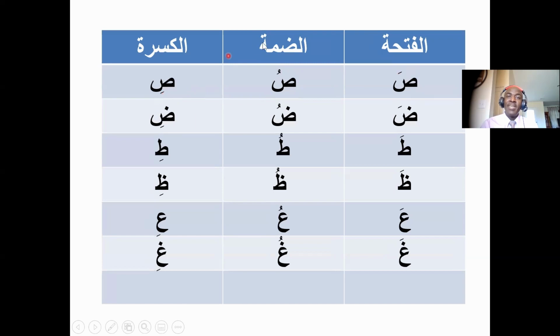These three diacritics, we call them short vowels, determine the sound of the letter. Sa, su, si, da, du, di.